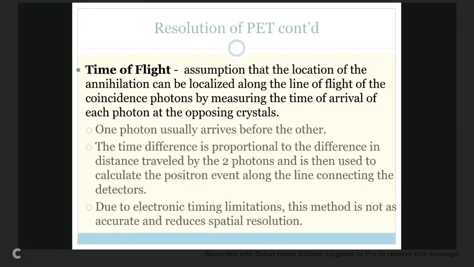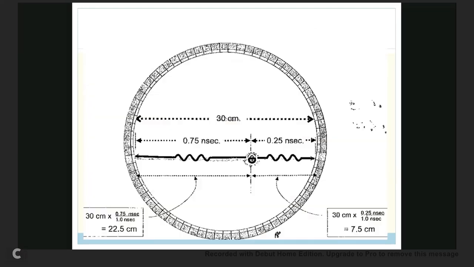So what they're trying to say is, is there anything right here? No. Okay. So what they're trying to say is that, let's say annihilation occurs here. And they're saying that one will ideally get to the detector faster than the other. Okay? That's time of flight. So because this one gets there faster, it's going to register this resolution as opposed to this one.